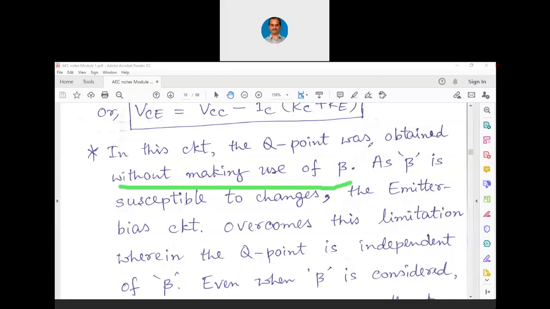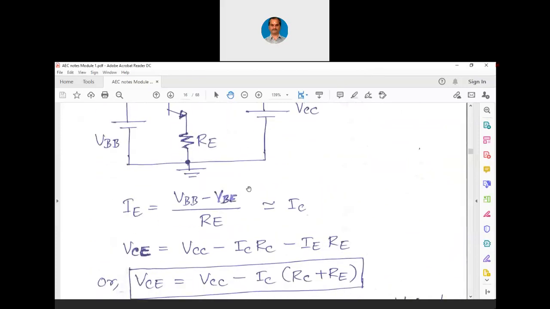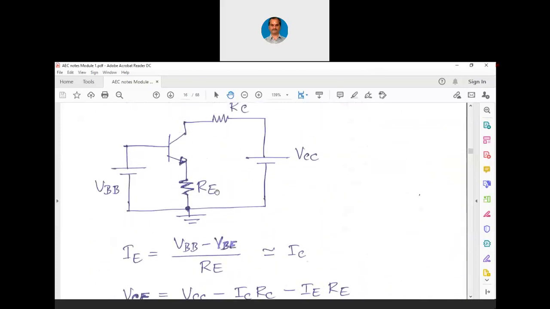In the earlier circuit, we had to consider IB because we had to calculate IC by using IB. But in this particular circuit, we need not use IB at all, because we have IE. In the earlier circuit, we could not find out IE as such because there was no RE.